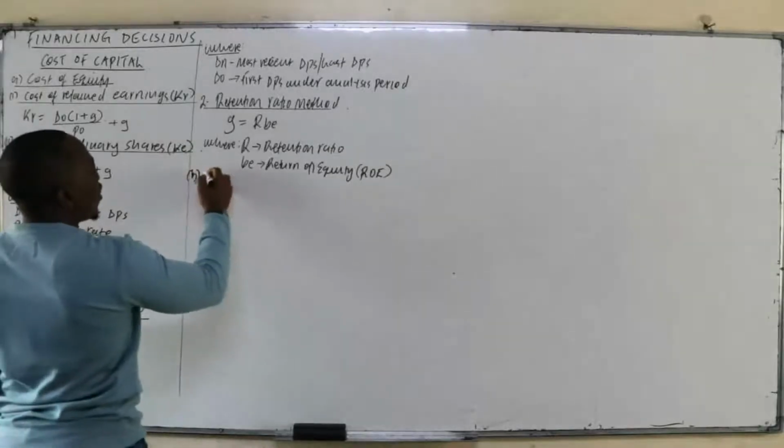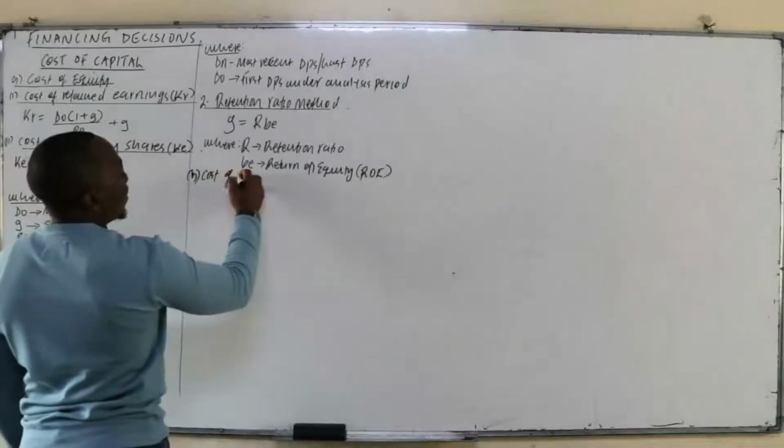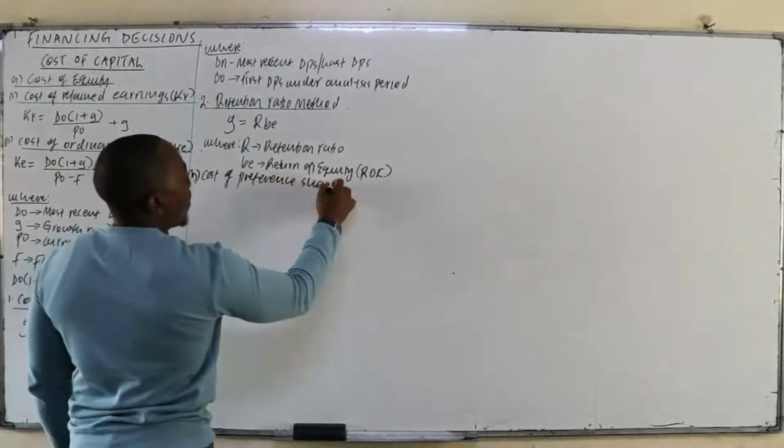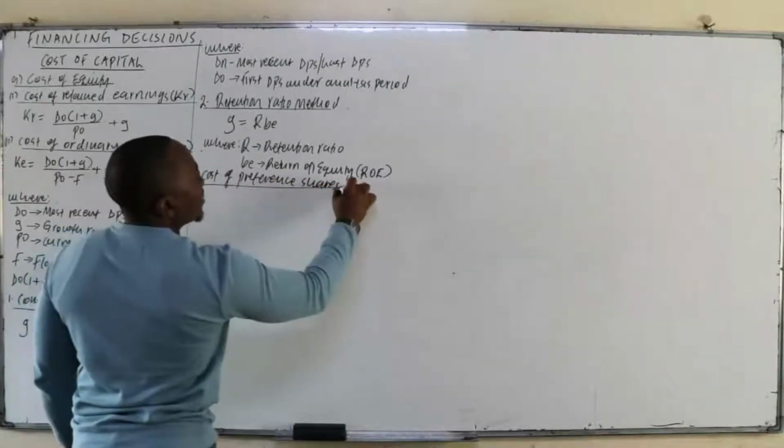Now look at B, the cost of preference shares, denoted by KP.